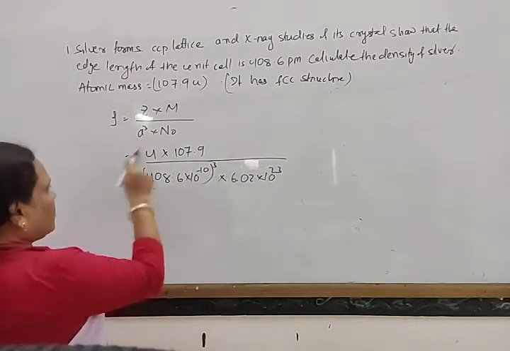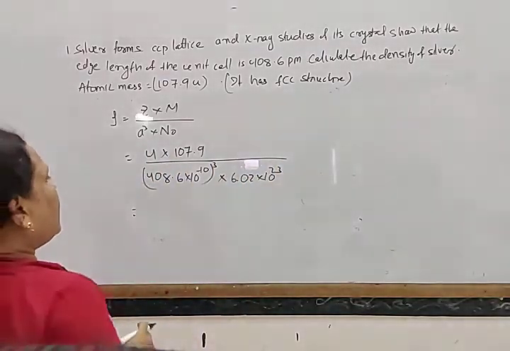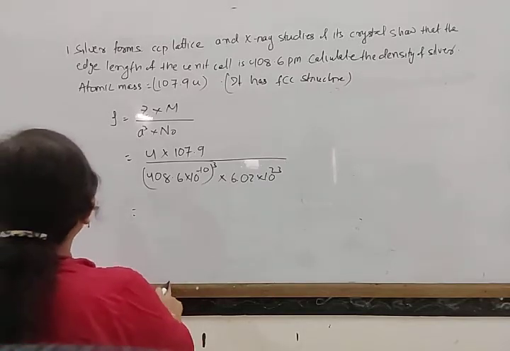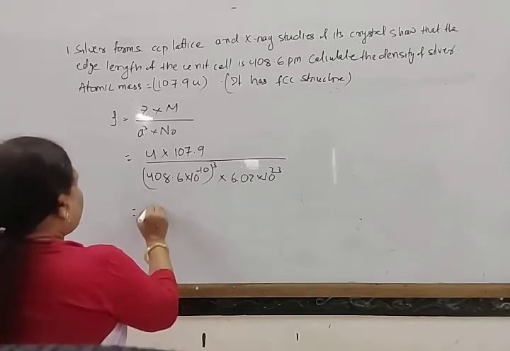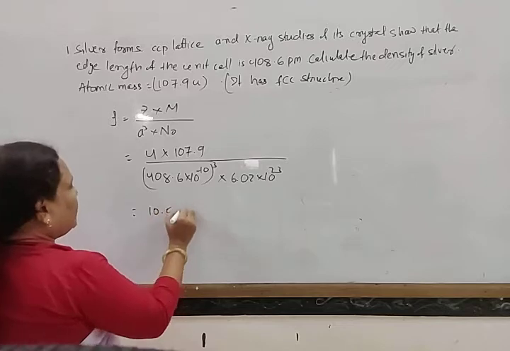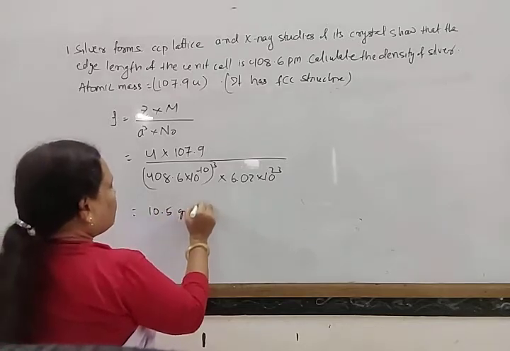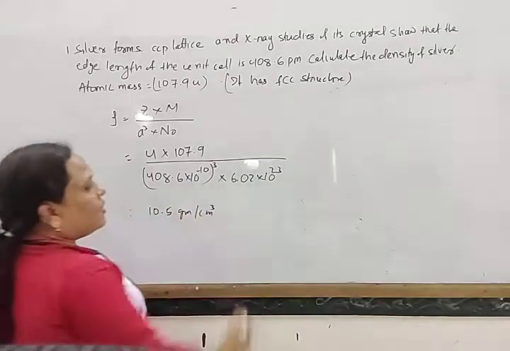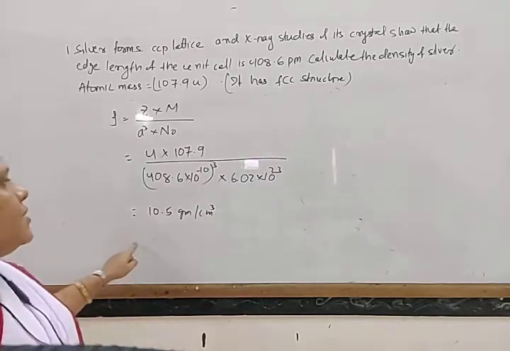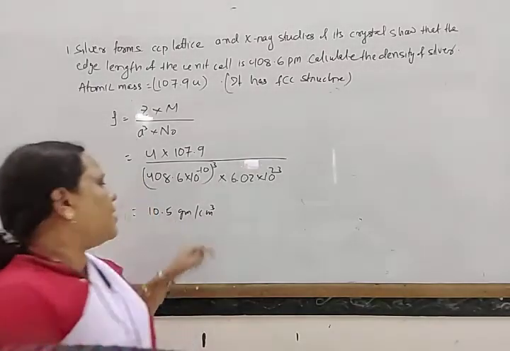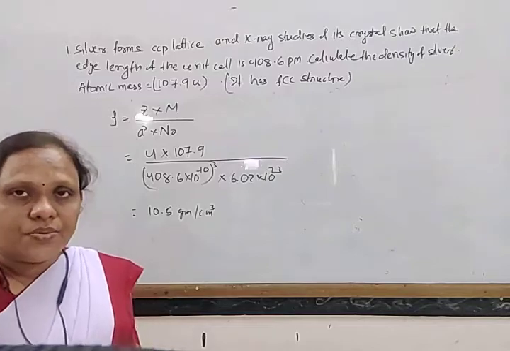Calculating all these values, you will find it is equal to 10.5 gram per cm cube. So its unit is gram per cm cube.